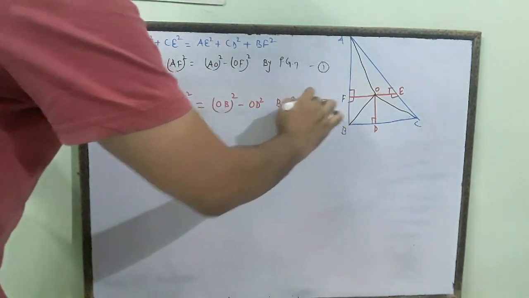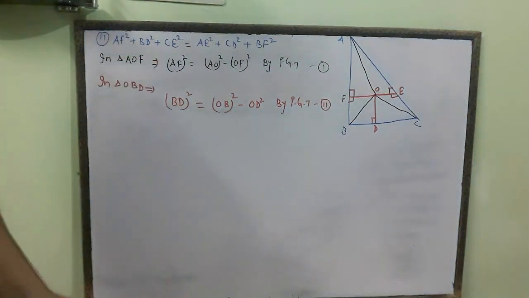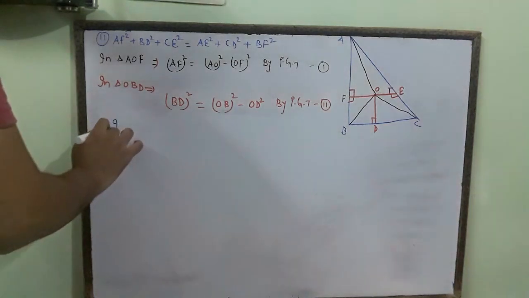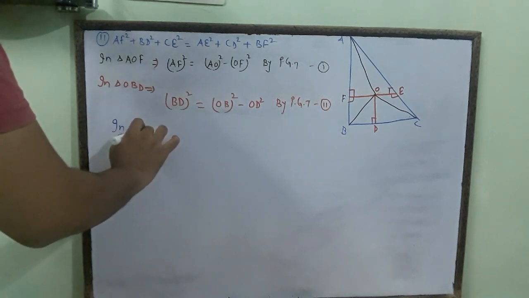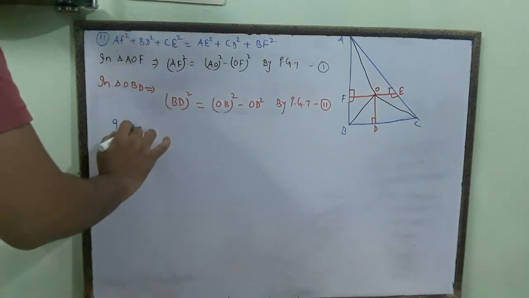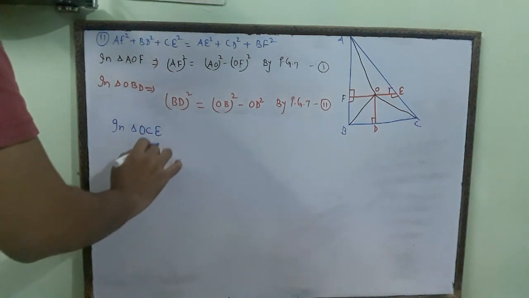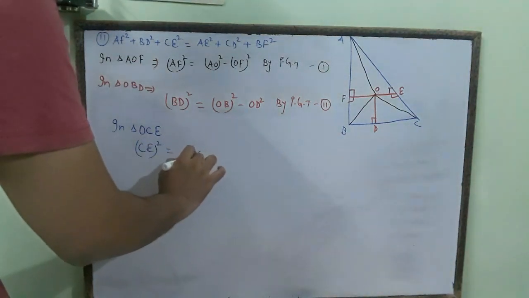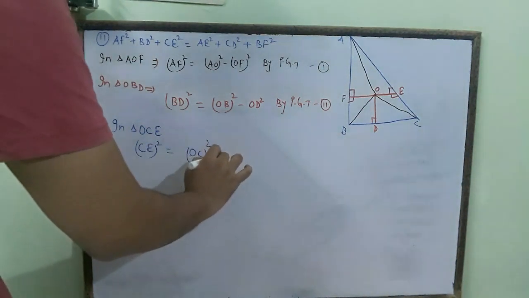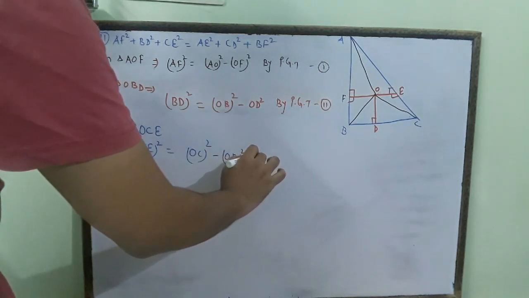This is equation 2. And for CE, we will use triangle OCE. In triangle OCE, CE square is equal to OC square minus OE square by PGT.